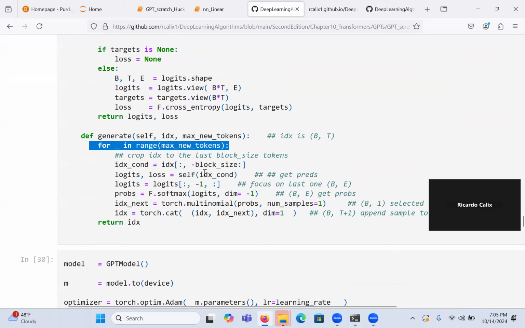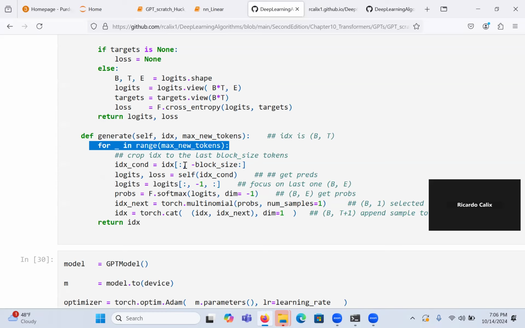Here we crop IDX to the last block size tokens. The block size should be 40, because the model only takes 40. So if it exceeds 40, you just grab the last 40. Minus block size is minus 40, so it takes the last 40 of whatever's in IDX.